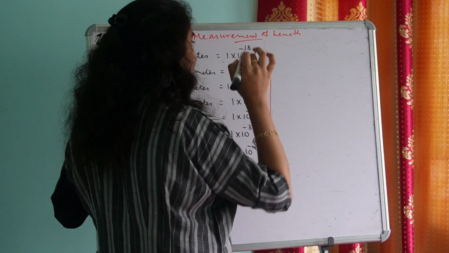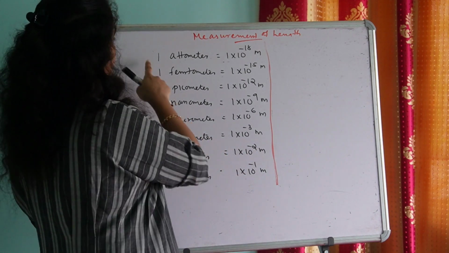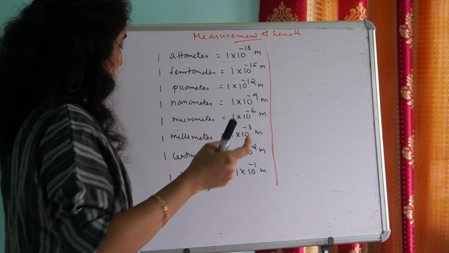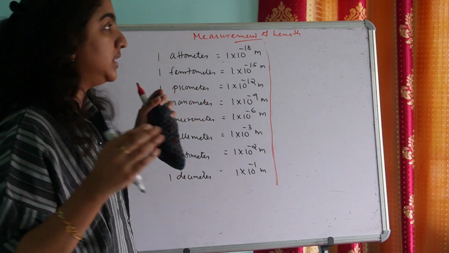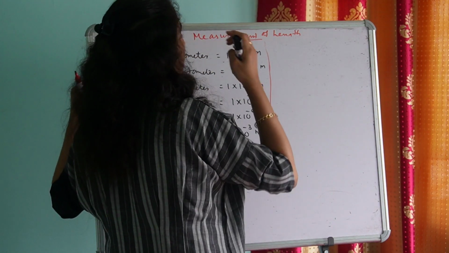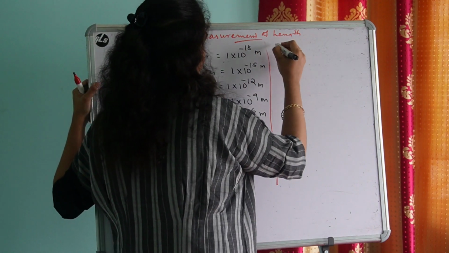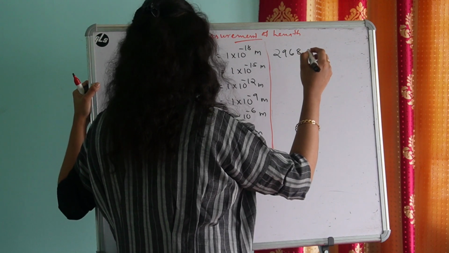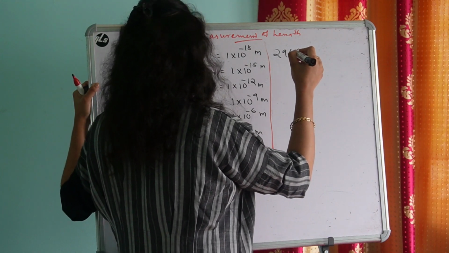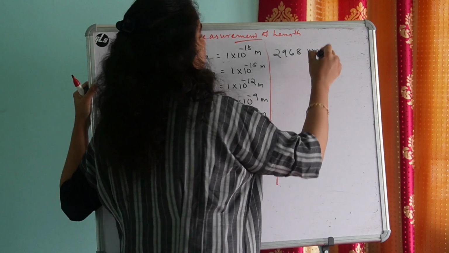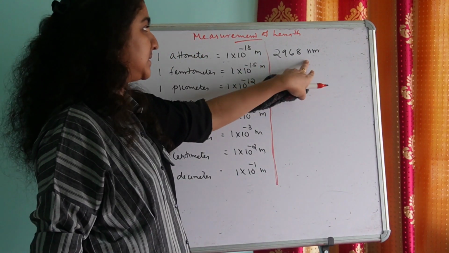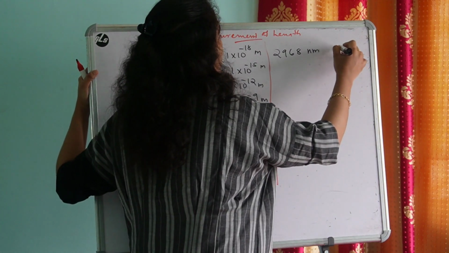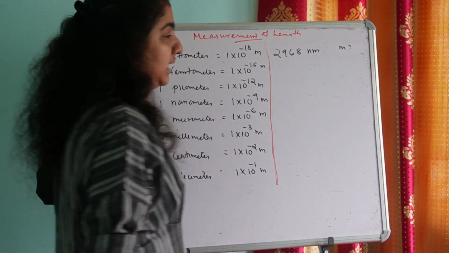So the first case: the value is given in any of these units, that is attometer or femtometer up to decimeter, any of these units, and we have to find the value in meters. Say for example, the value is given as 2968 nanometer, and you are asked to find the value in meters.